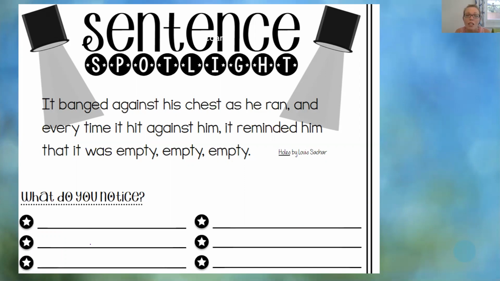Well, as an author, sometimes we use these different techniques, and repetition helps make something stand out. It brings our attention to it, right? So by repeating the words empty, empty, empty, he really emphasizes that it was empty inside.